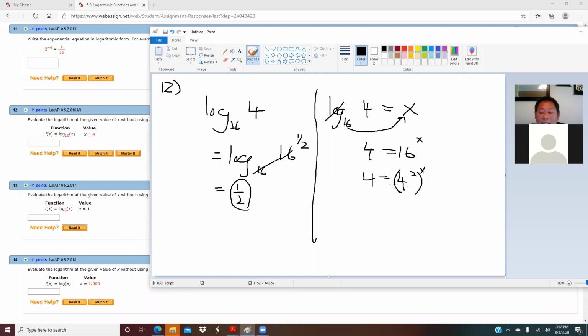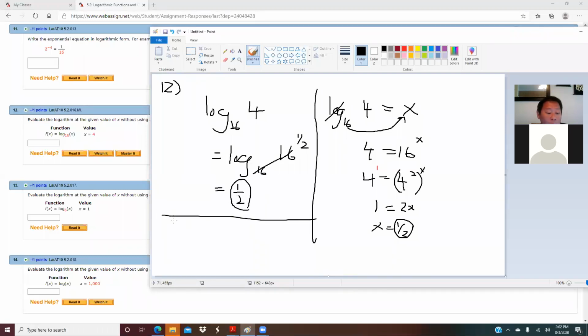Now, since this is having the same base and this one is a power of 1, you can make the power the same. So the power here is 1 and the power here is 2x, because power to the power you multiply. So x in this case is 1/2. So you still get the same answer as that. Okay, so your answer for question 12 is 1/2.